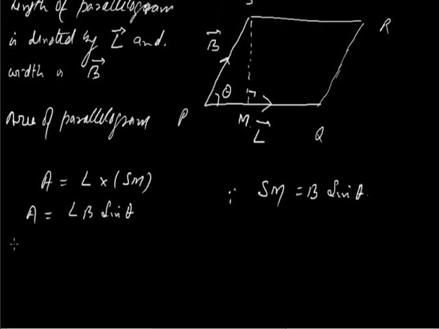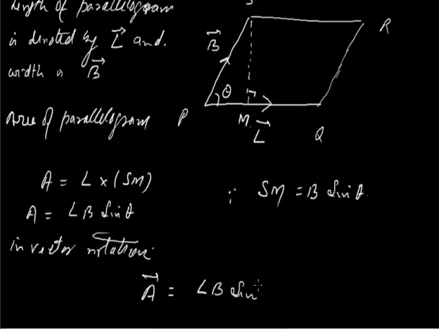In vector notation, vector area A is written as L B sine of theta and n cap.